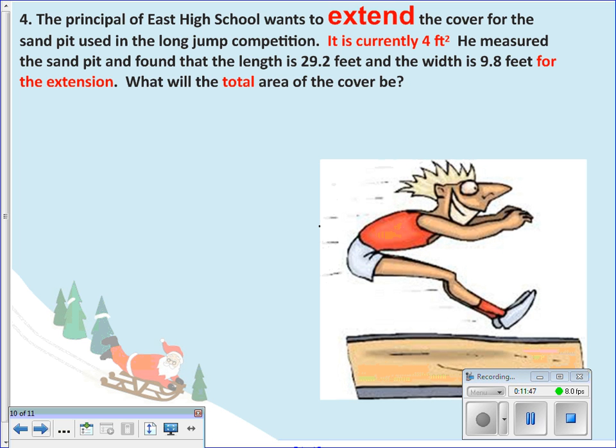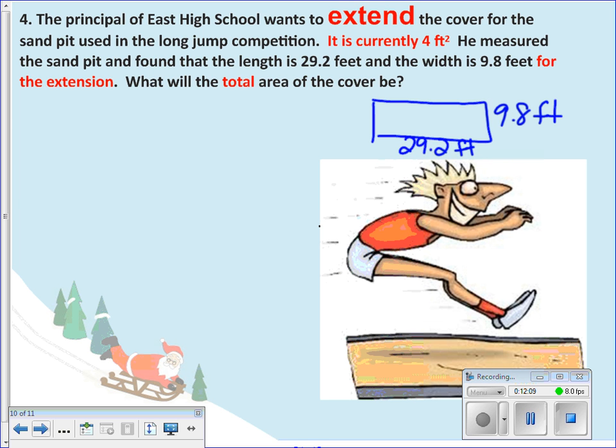The original equation said they're buying a cover that was 9 and 8/10 feet by 29 and 2/10 feet. That's what the original equation was asking you. What is the area? So what would we do?